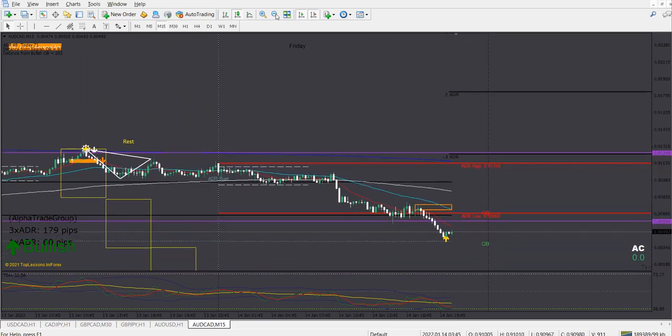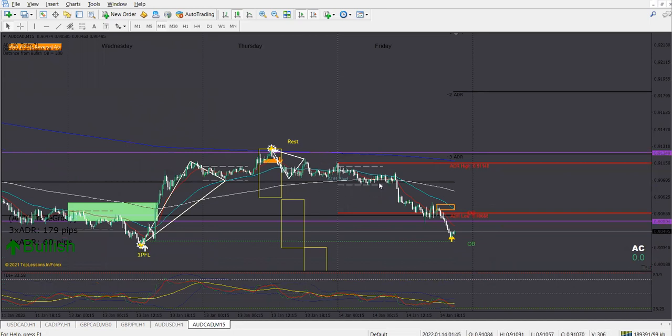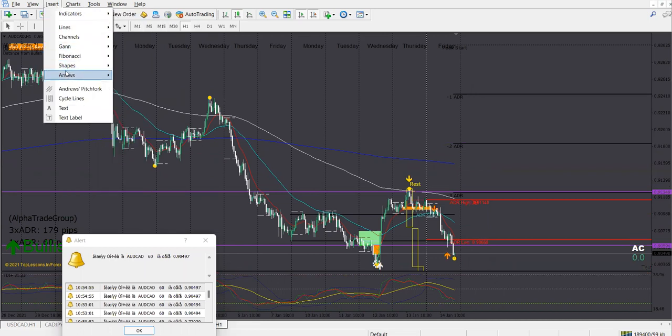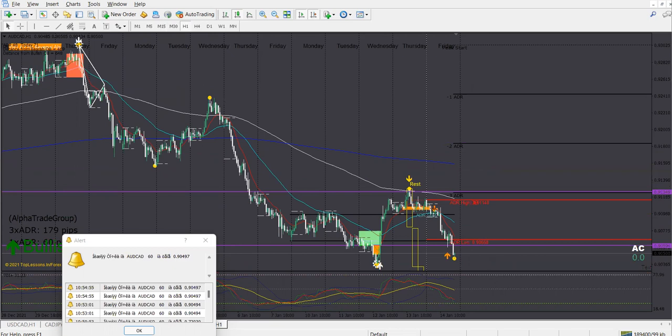So for me, it would behoove me to get in on this and set it, right? Let me draw, I forgot my order box. Draw that for you all. I'm doing all this stuff here manually because I want you to be able to see how to do it manually, right? That's what you want to do.